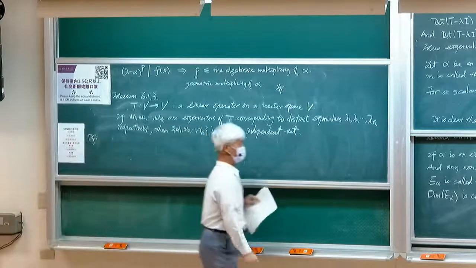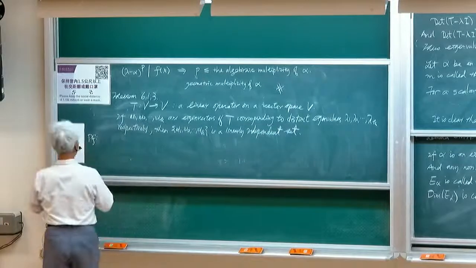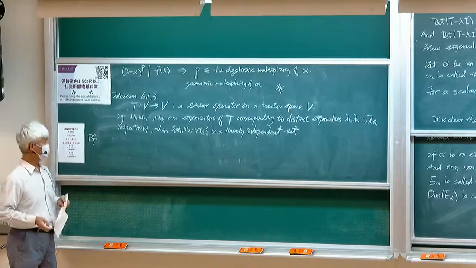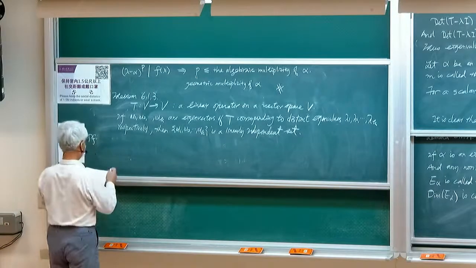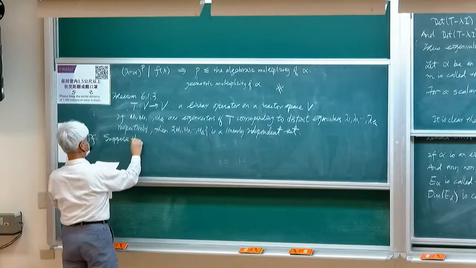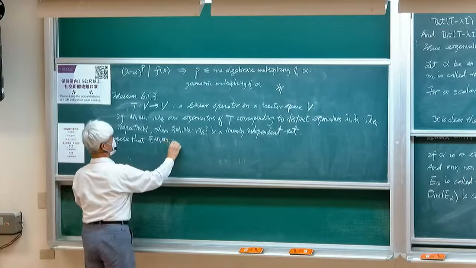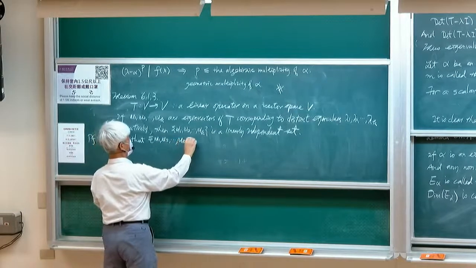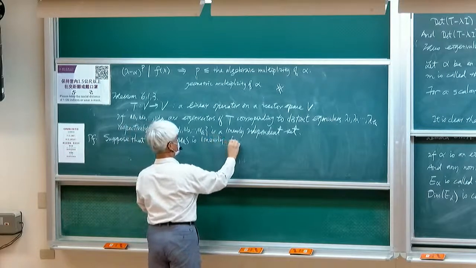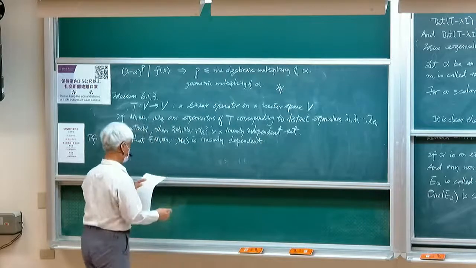So we use proof by contradiction. Suppose that U1, U2 up to UK is linearly dependent.